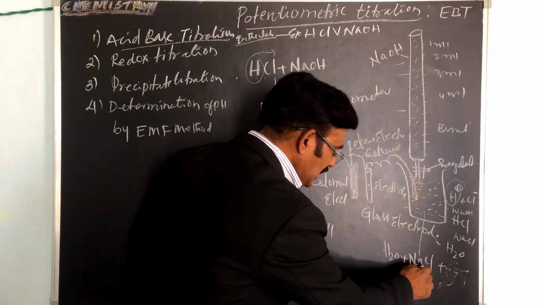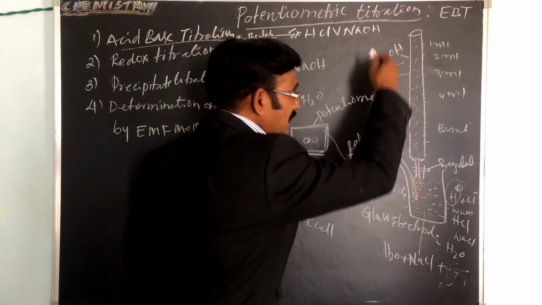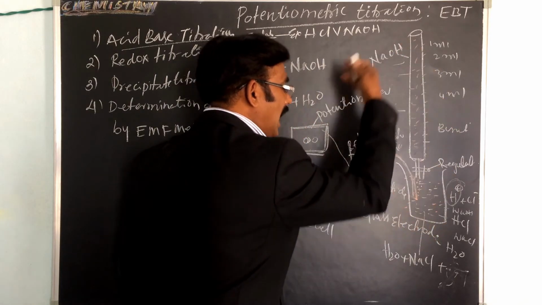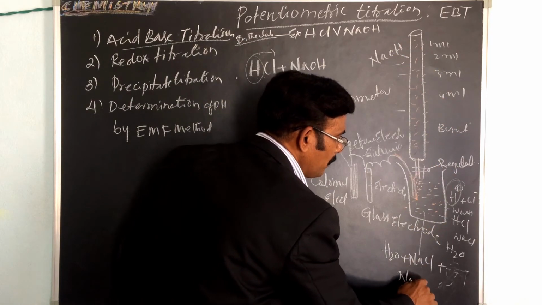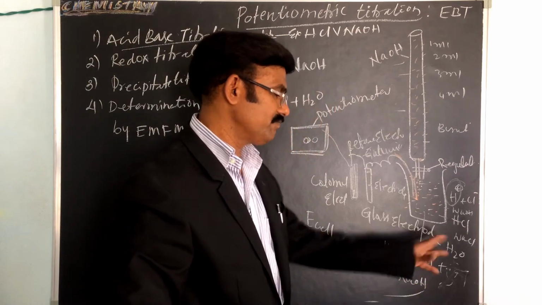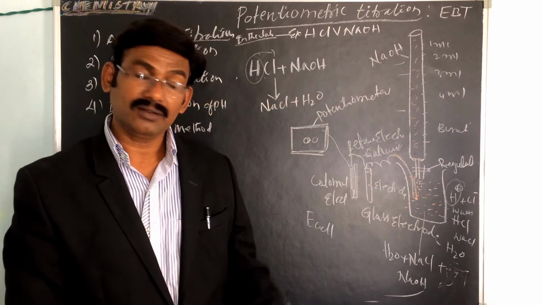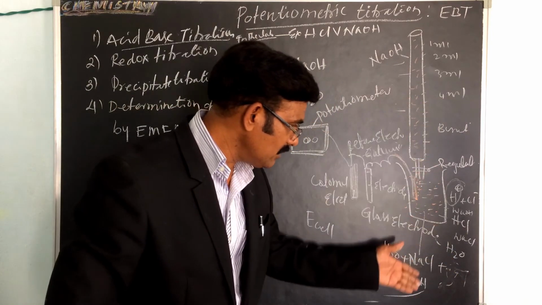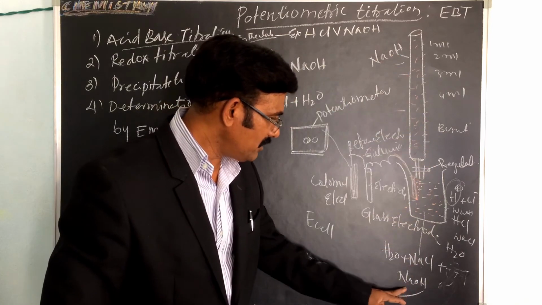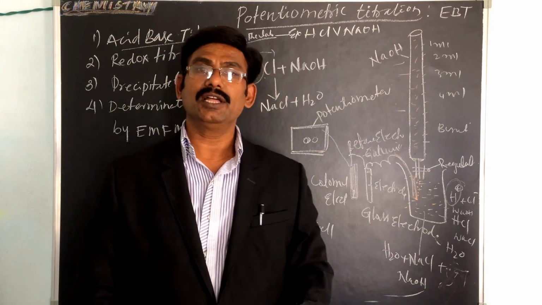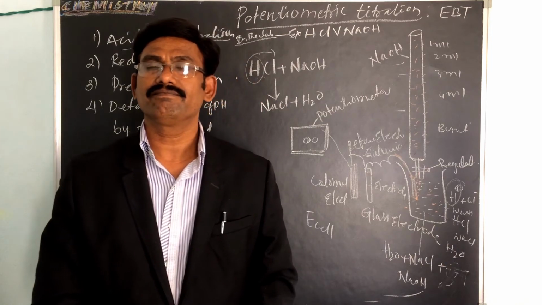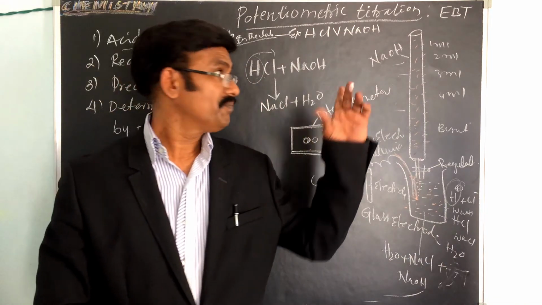NaCl and H2O. Then after the equivalence point, if we keep adding, it will become completely basic, NaOH directly. There is no HCl. So this is the titration.